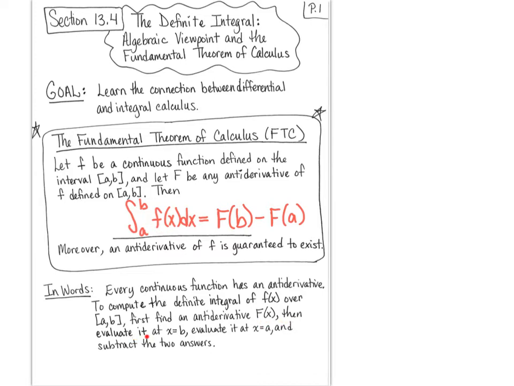Then evaluate it at x equals b, evaluate it at x equals a, and subtract the two answers. If you need to listen to this again, rewind the video, but you will need to make sure you understand this concept. Note that it's starred. This is the fundamental theorem of calculus. So let's look at some examples.